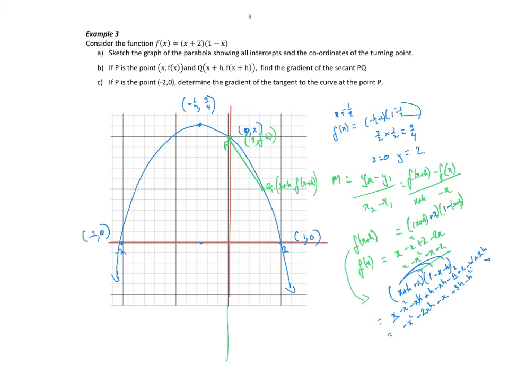So I've got minus x squared minus 2xh minus x plus 3h minus h squared, subtracting green f of x, minus x squared minus x minus 2.